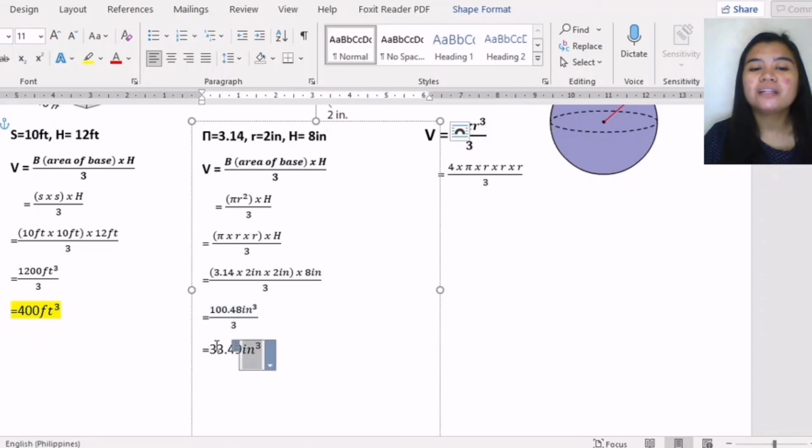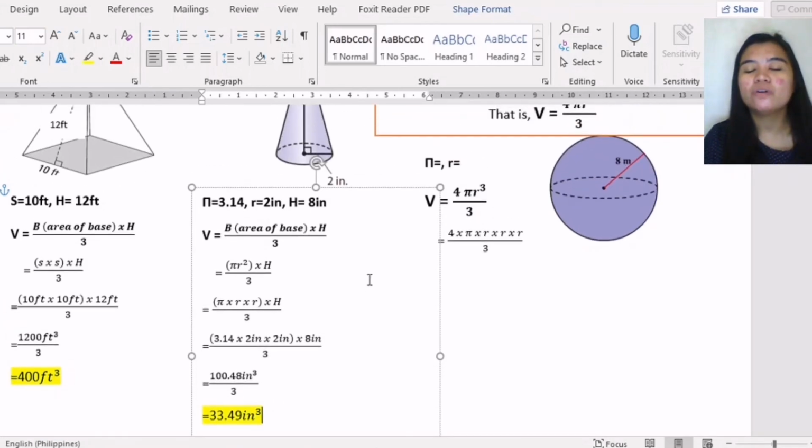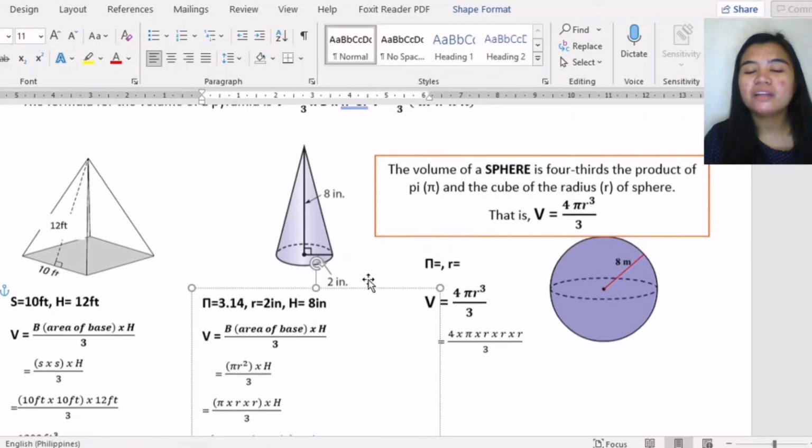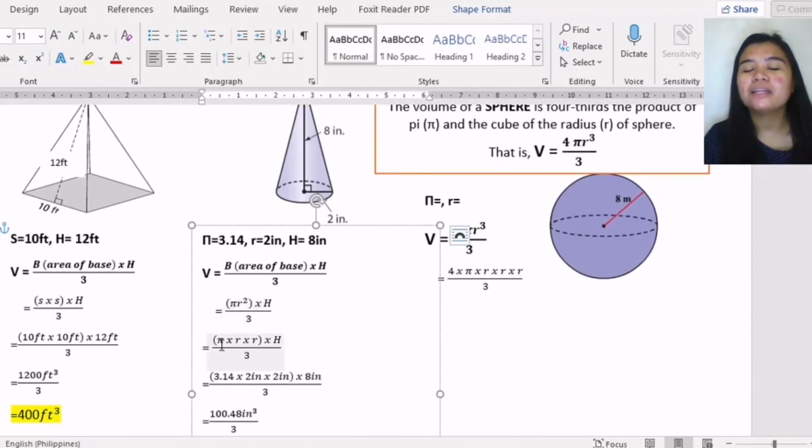So our final answer here is 33.49 cubic inches. So yan na yung volume ng given cone. So, yan lang yon. So, use this formula: pi times r times r times h, and then divide it by 3. Kapag nahanap nyo na yung product ng lahat ng ito, then divide it by 3. So, yan na yung kanyang volume.